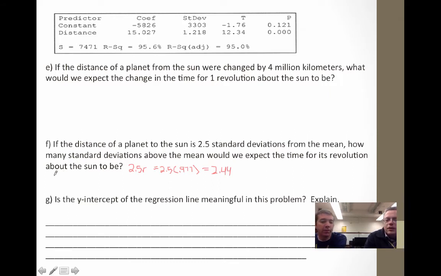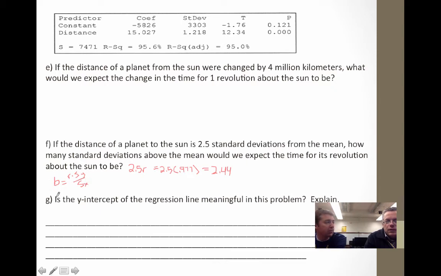This is why it's called regression: unless it's a perfect line, the y value will always be fewer standard deviations than the x value. If you remember, the slope was r times the standard deviation of y over the standard deviation of x.